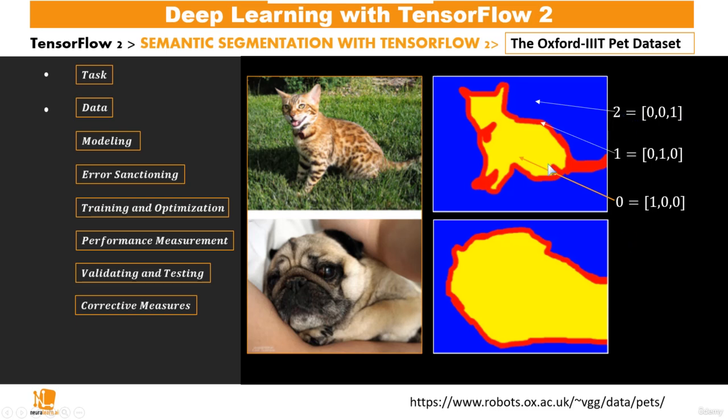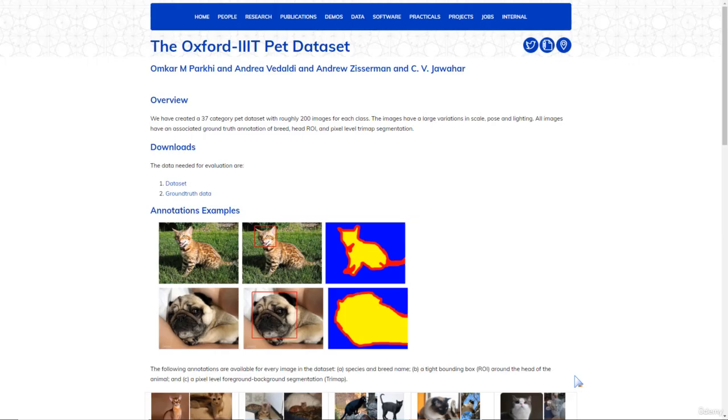The dataset we shall be using in this section is the Oxford IIIT Pet dataset, which you could get on this link. The Oxford IIIT Pet dataset was developed by Omkar Parkhi, Andrea Vedaldi, Andrew Zisserman, and C. V. Jawahar. This is a 37 category pet dataset with roughly 200 images for each class.